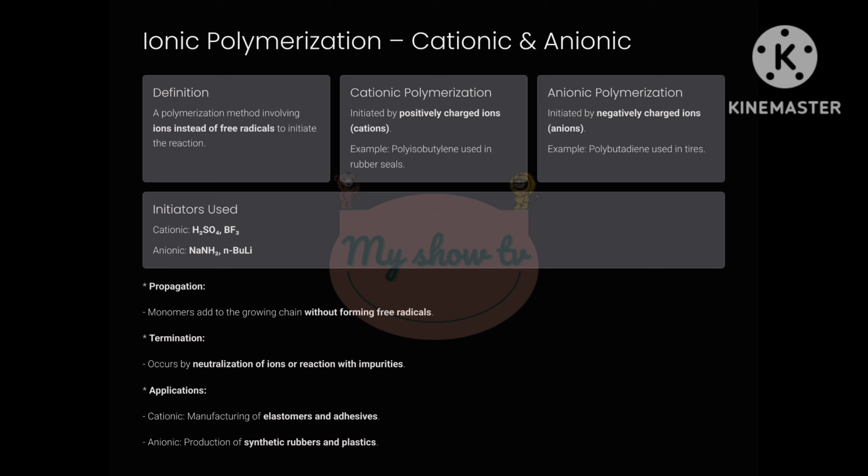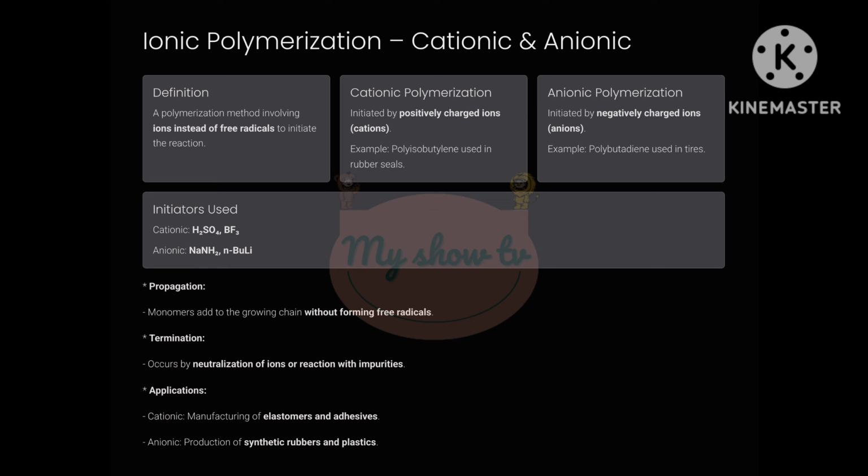1. Definition. Ionic polymerization uses ions, cations or anions, as initiating species instead of free radicals. It is more controlled than free radical polymerization and suitable for making specific polymers. 2. Cationic polymerization. Initiated by positively charged ions, cations, such as H+ or BF3.